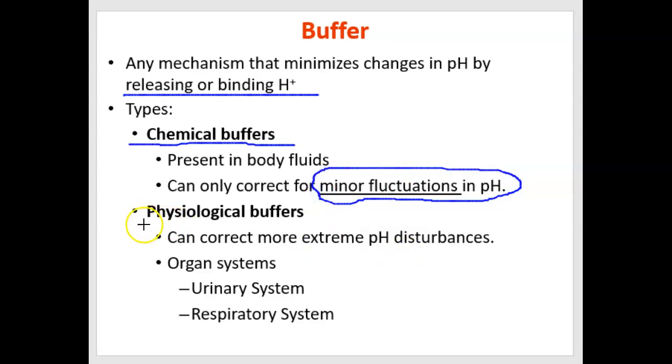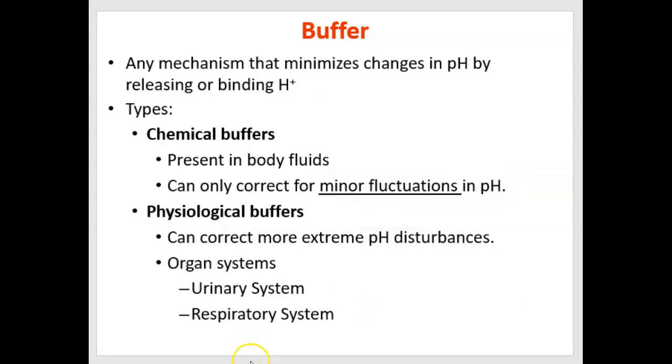Then there are physiological buffers. These are entire organ systems, the urinary system and the respiratory system specifically, that can correct for more extreme pH disturbances.